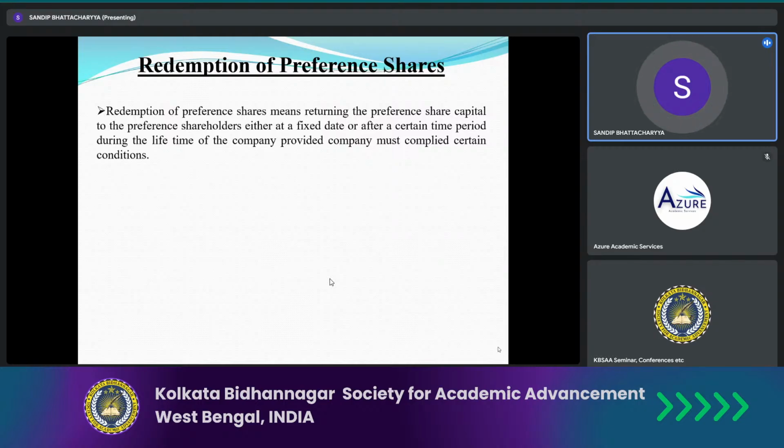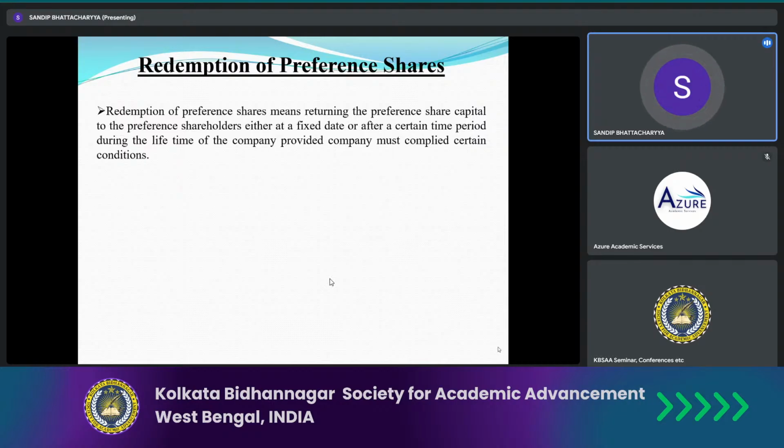Preference shares are basically a type of security, stocks that may provide certain benefits over the equity shares. That means there is a difference between equity and preference share, with a fixed amount of dividend.